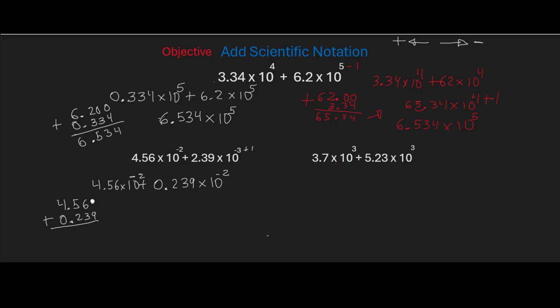Once you add it, I'm going to put 0, add it up, so I get 9, I get 9, 5 plus 2, I get 7, the decimal point, just bring it down, and then number 4. So the answer that I'm going to get should be 4.799, and that will be times 10 to the negative 2nd power.